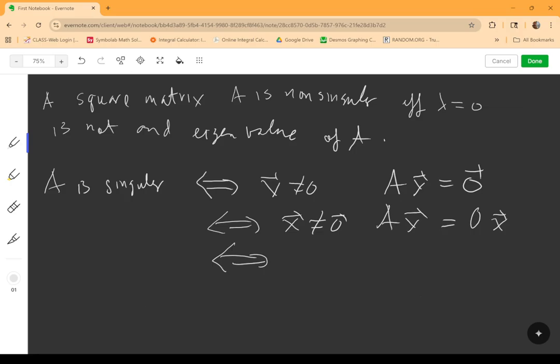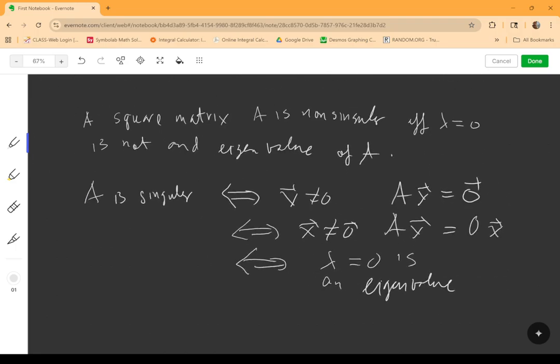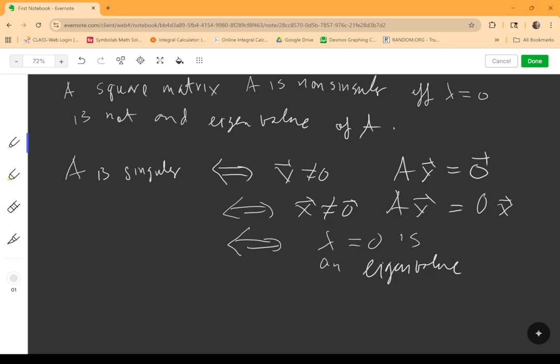So that means this is true if and only if lambda equals 0 is an eigenvalue. So again, this shows that A is non-singular if and only if lambda equals 0 is not an eigenvalue.